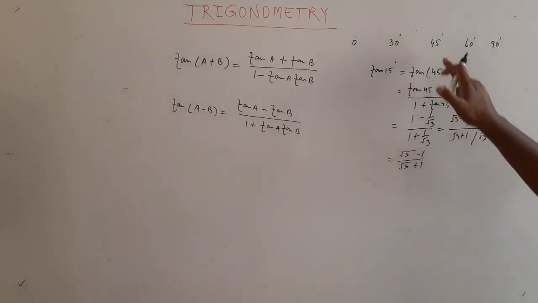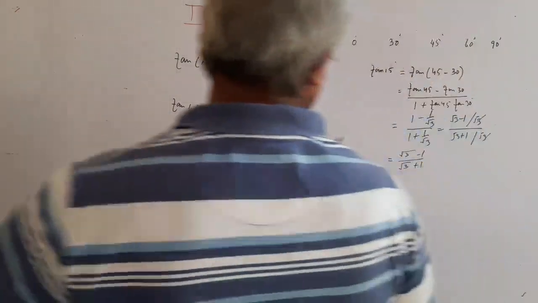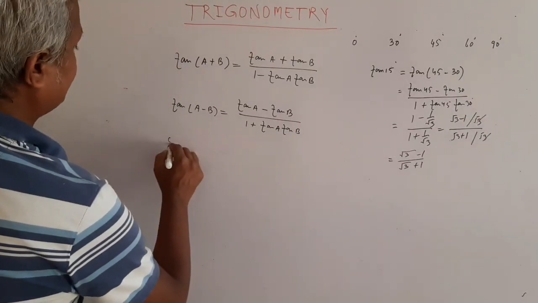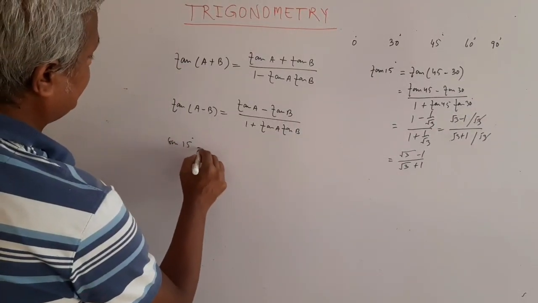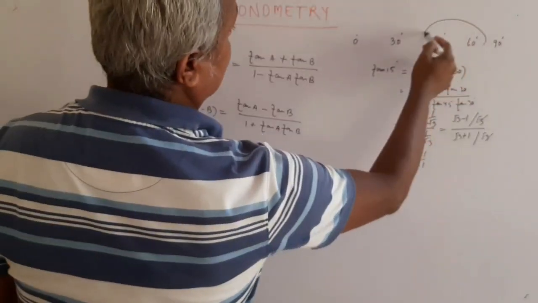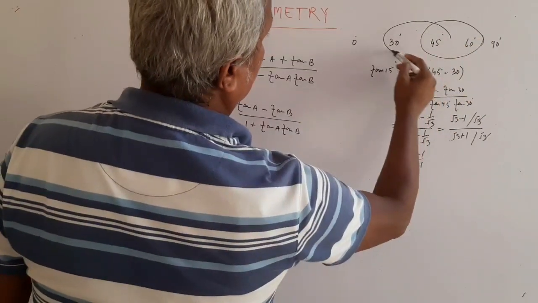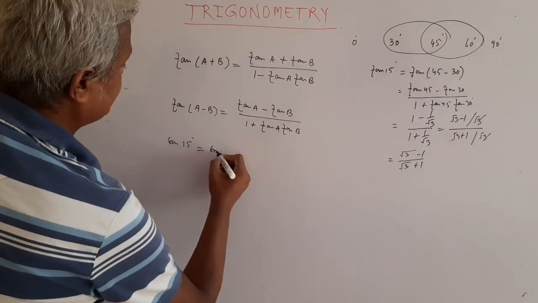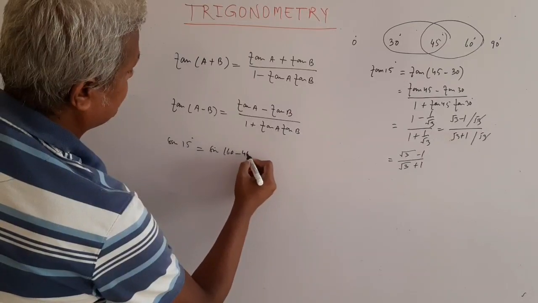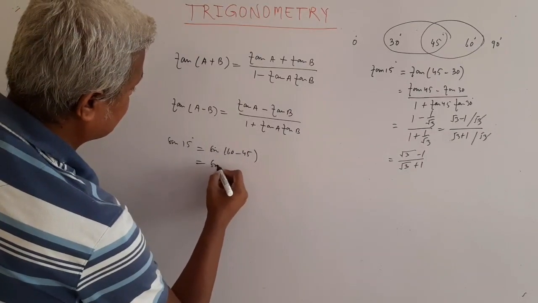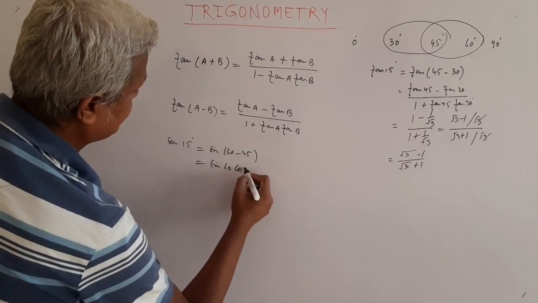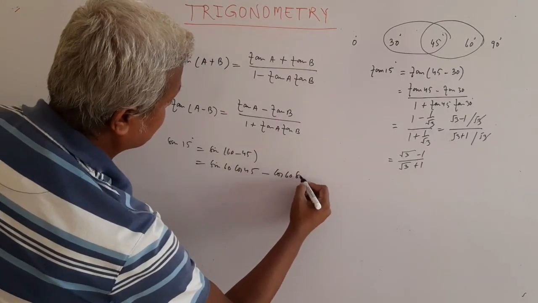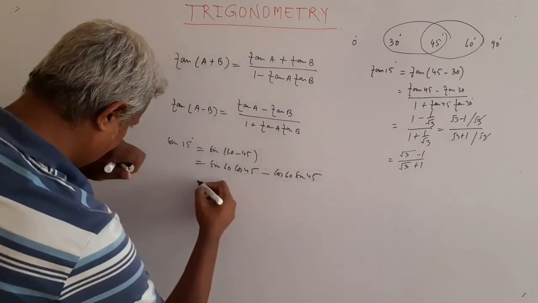Same way, when you have to find out the value of sine 15, you can take either this or this. So suppose I go for sine(60 - 45). This gives me sine 60 cos 45 minus cos 60 sine 45.